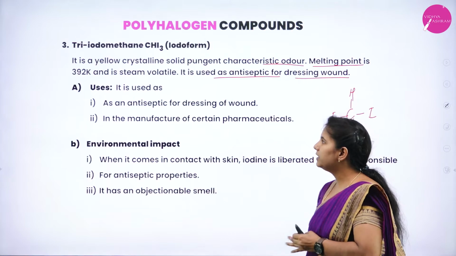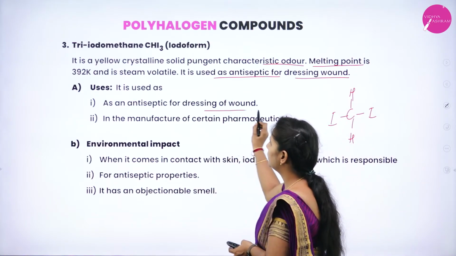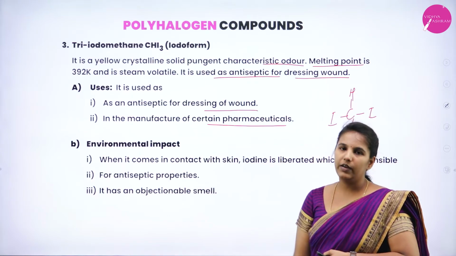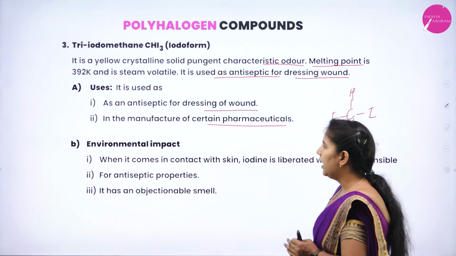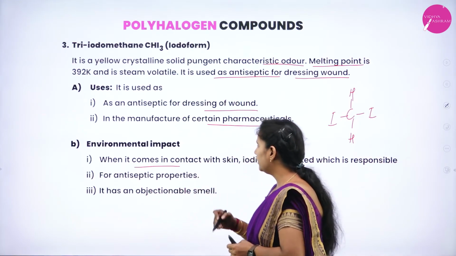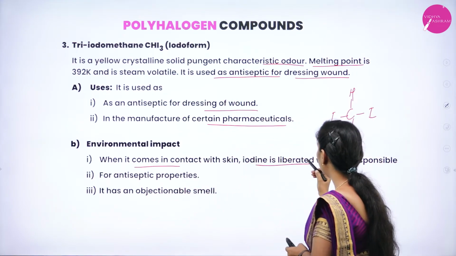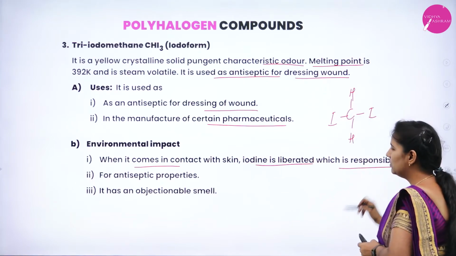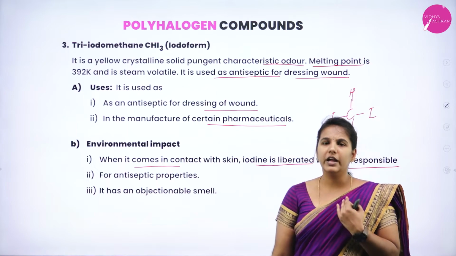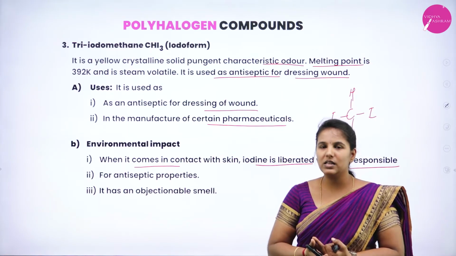Okay. So it is an antiseptic for the dressing of wounds, and in the manufacturing of some of the pharmaceuticals, we use this iodoform. And coming into the environmental impact, when it comes in contact with our skin, iodine is liberated, which will be responsible for releasing iodine gas.